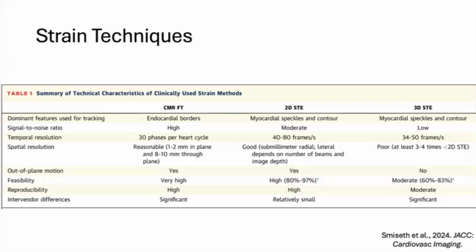And interventor differences are also relatively smaller. Now, 3D STE, unfortunately, suffers from lower signal to noise ratio, temporal and spatial resolution, feasibility, reproducibility, and interventor differences. It's also relatively newer in the field. And so for all of these reasons, at the moment, it's not the preferred choice for most applications of strain.